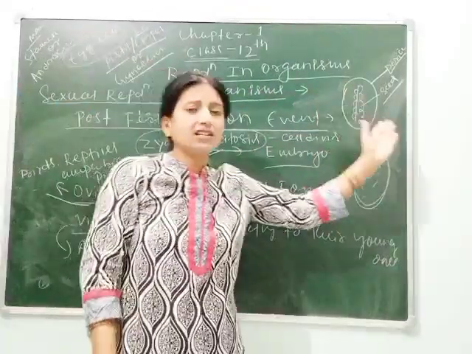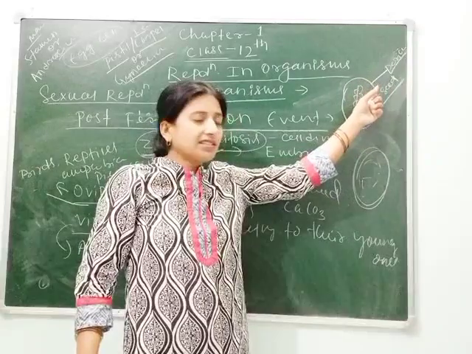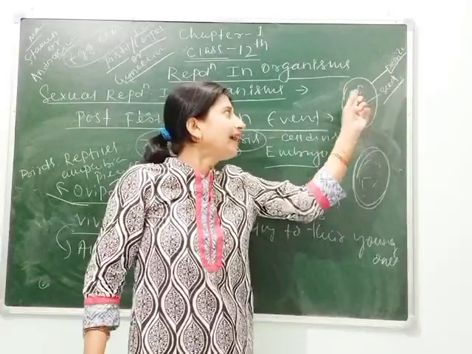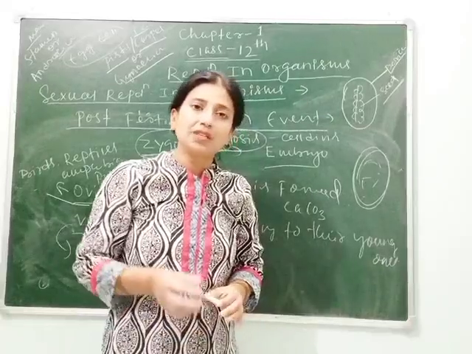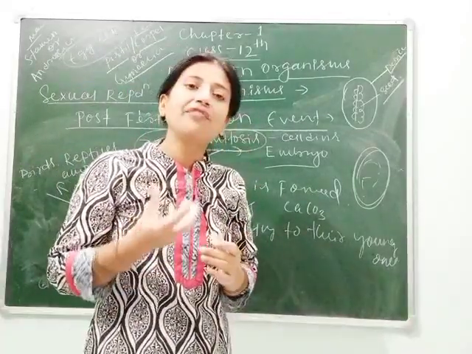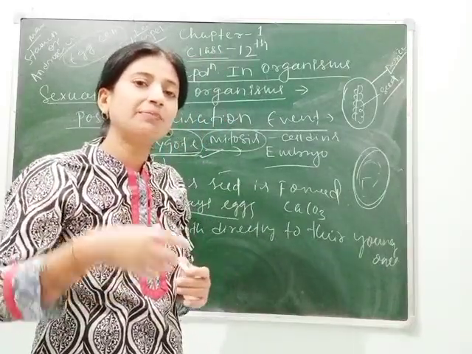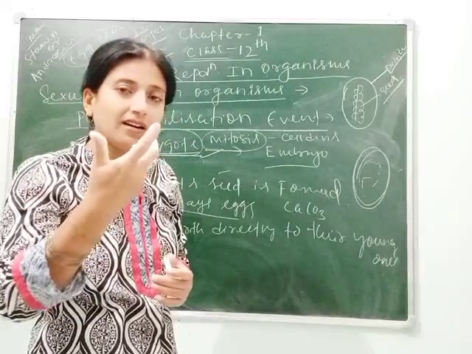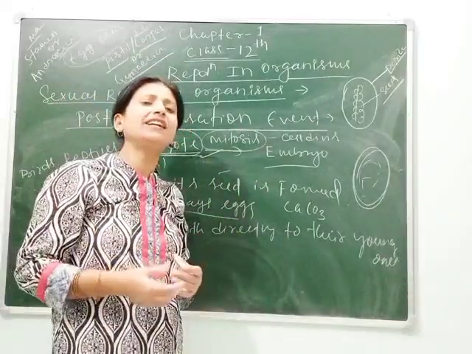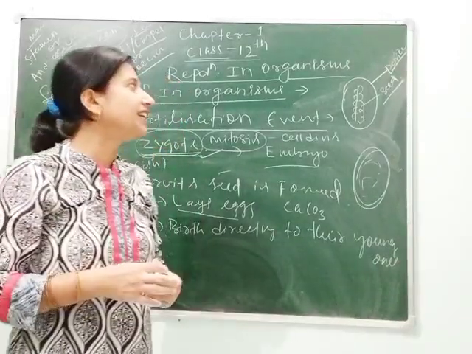It has 3 layers, which we will study in chapter 2 in detail. In this topic, just remember the outer cover of the fruit is called pericarp and the part inside the fruit is called seed, which carries the embryo for growing into the next generation. Or we can say that seeds conserve the embryo for the next generation.